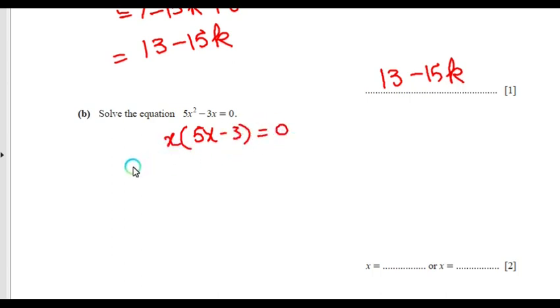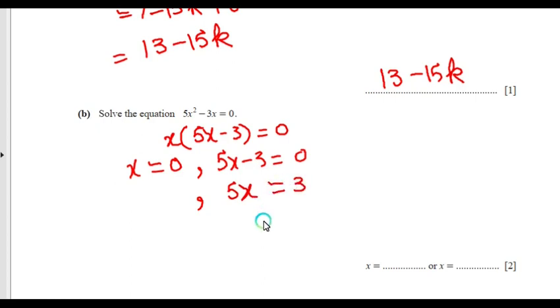It means x must be equal to 0 or 5x minus 3 should be 0. So x equal to 0 is the first value. Shift this negative 3 to the other side, becomes 5x is equal to 3. Now dividing both sides by 5, we get x is equal to 3 over 5. So there are 2 values of x. The first one is 0 and the second one is 3 by 5.